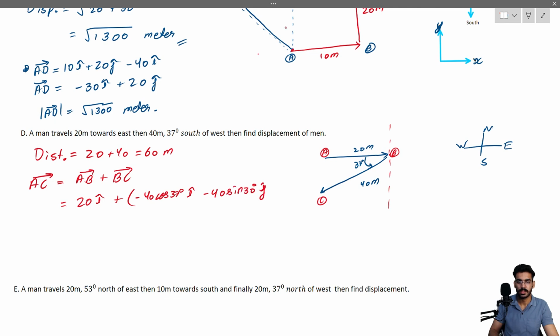You can see this in the vector lecture which we discussed, where we defined exactly how to divide any vector in component form. So AC vector, if you calculate, finally it will come minus 12 i cap minus 24 j cap. So magnitude is under root of 144 plus 256. You can answer this.